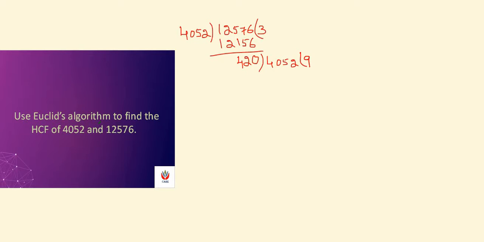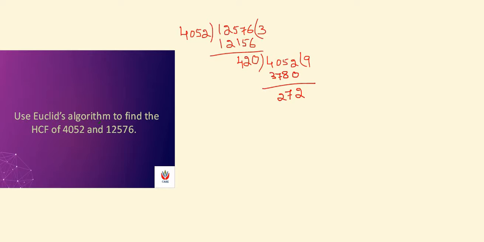It will go by 9 times. 9 4s are 36, 9 2s are 18, so 3,780. Subtract this, you will get 272.